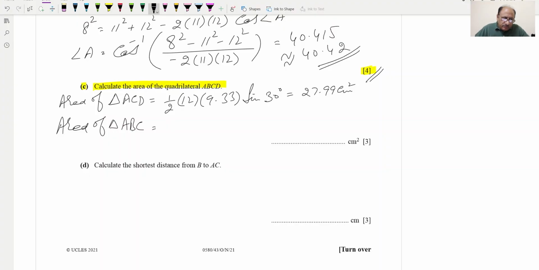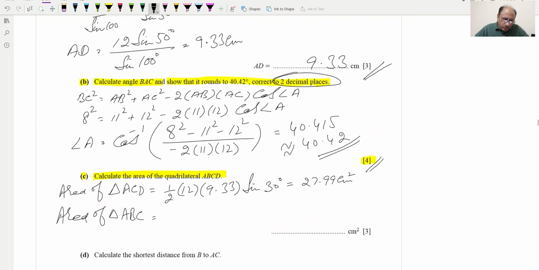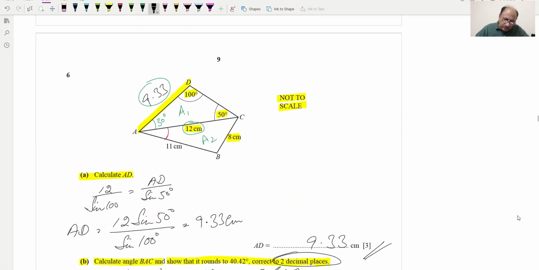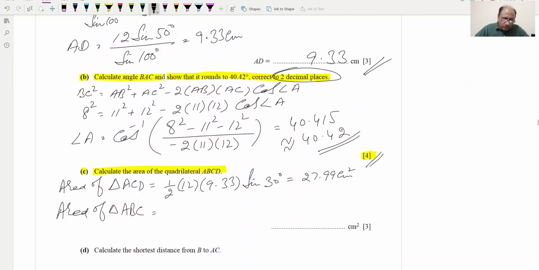Now the area of the other triangle, the other triangle is ABC, will be calculated similarly. We calculated angle BAC, this one, 40.42 degrees. Now we can use the two sides 11 and 12 and 40.42.